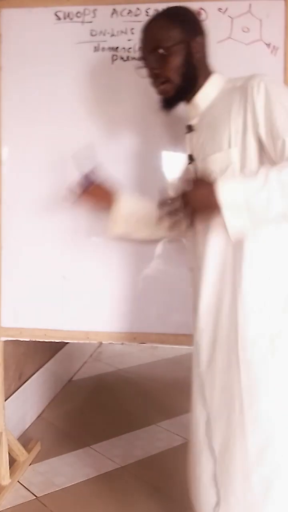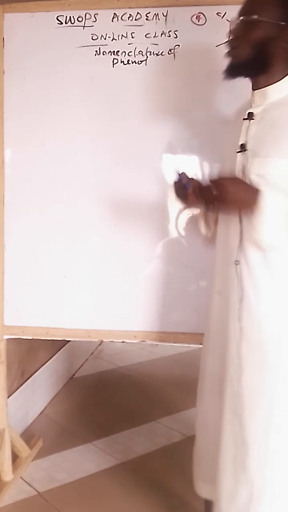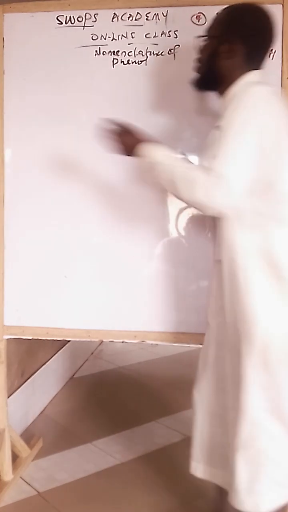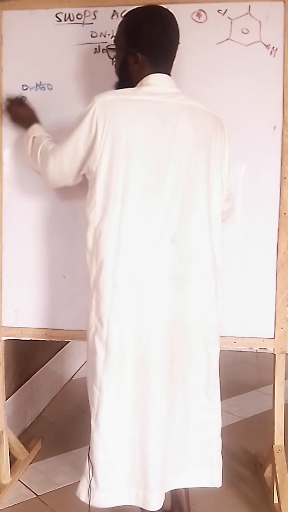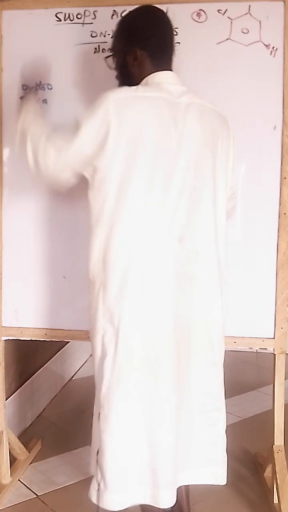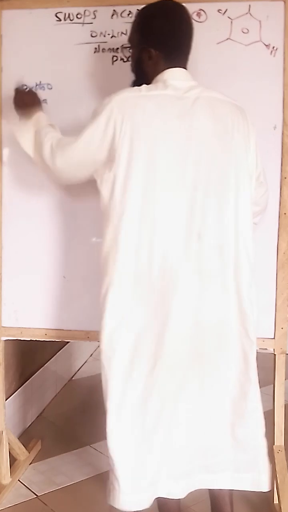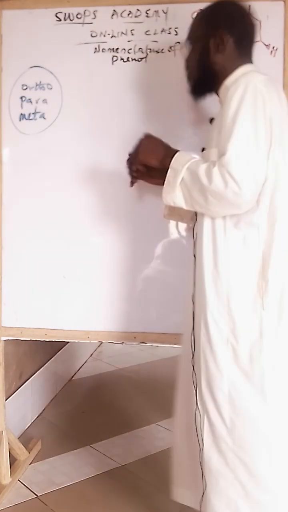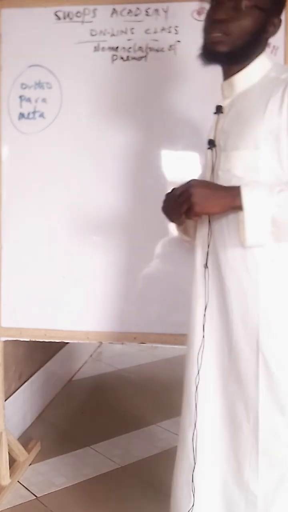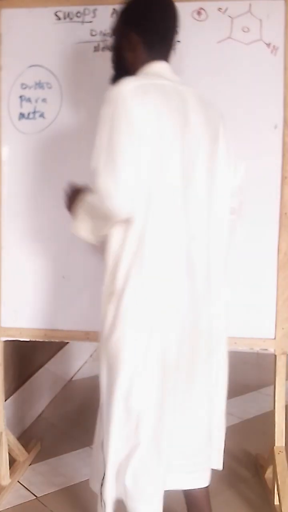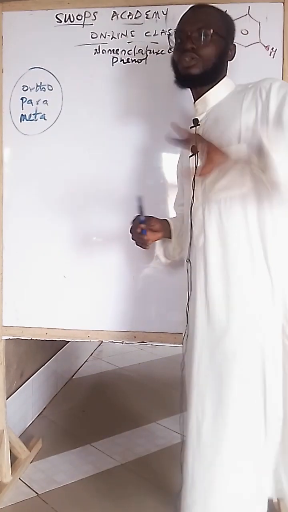Then there are other ways when we see 2 hydroxyl groups, 3 hydroxyl groups: how do we use ortho for A-level students, para and so many more, meta and so many more, in assigning names. Under this nomenclature of phenol, we're still going to see that under benzene structure as a whole.